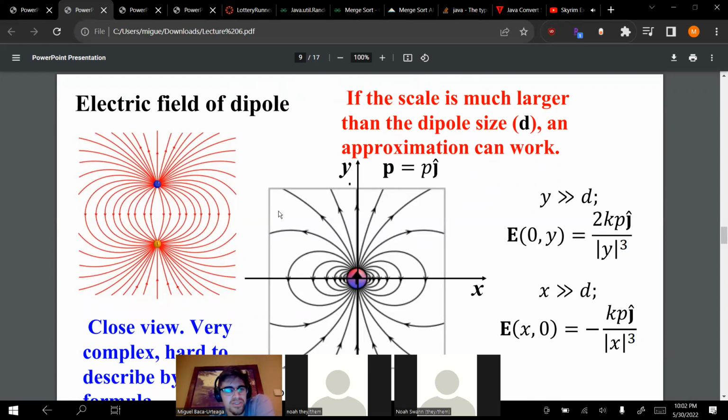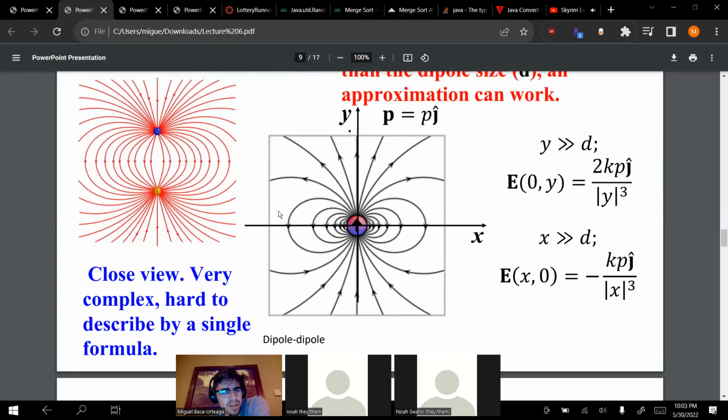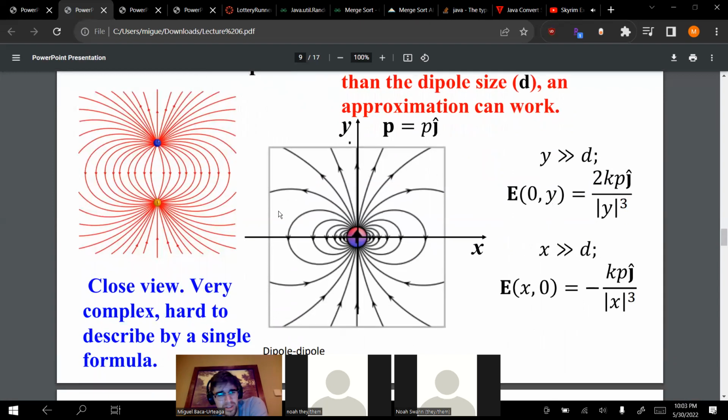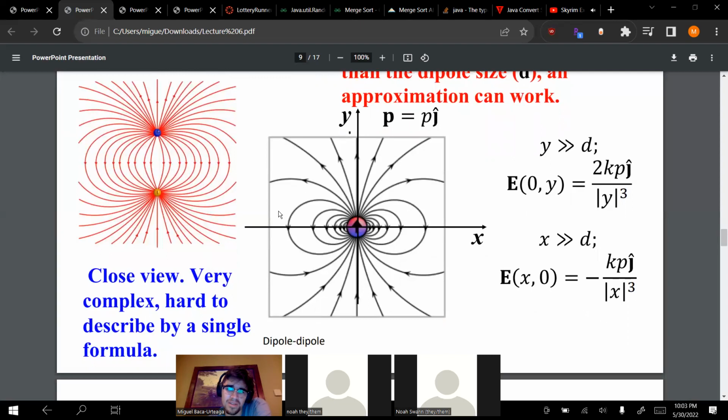Anyway, electric field of the dipole. If the scale is much larger than the dipole size, an approximation can work. So we have all these fun little equations. Close view, very complex, hard to describe by a single formula is what we have on the PowerPoint. So I guess we have 2 different equations here which describe the electric fields of the dipole in terms of X and Y. Yeah.